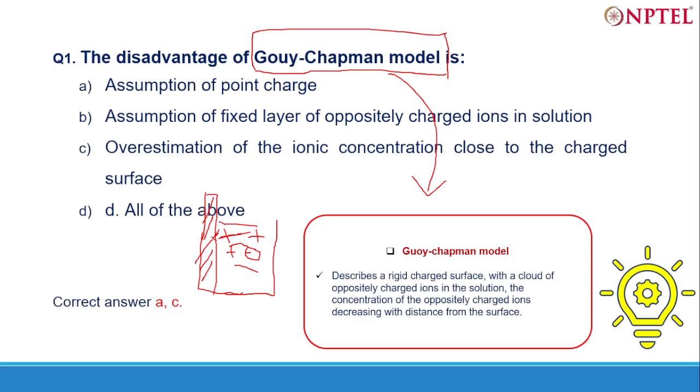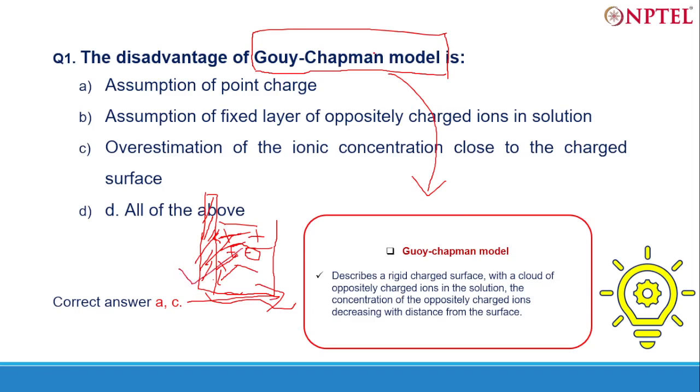If there is a negative charge here, they will get attracted. This is a simple concept which he describes through his model. All of the ions will move towards this plate because they are oppositely charged. As you move away in this direction, you will find fewer and fewer oppositely charged ions, because there is a force of attraction that attracts them. This model describes this concept.